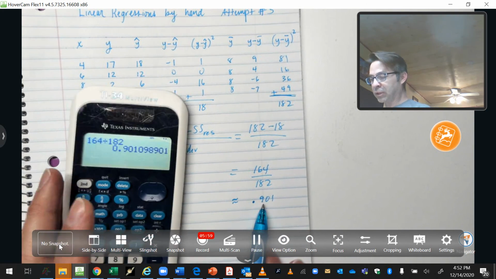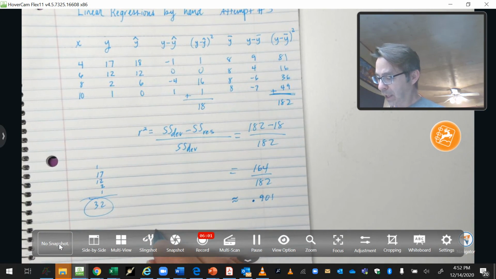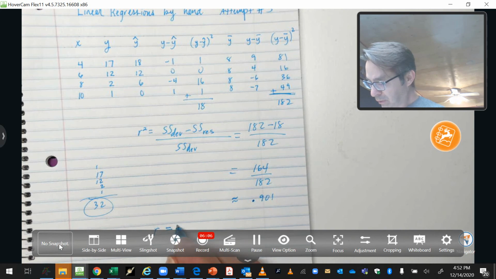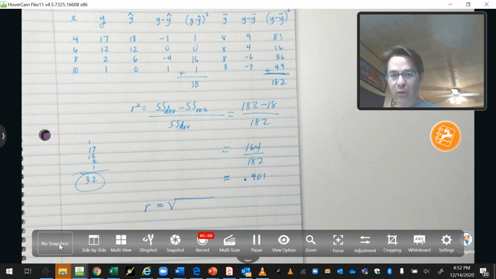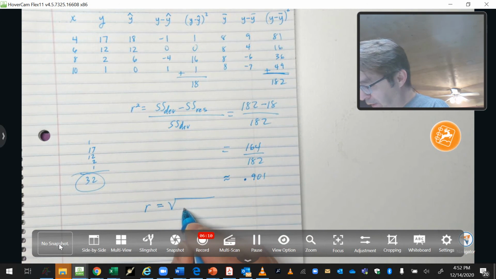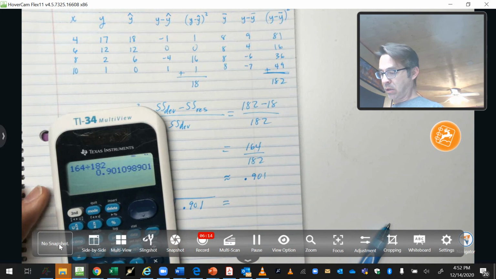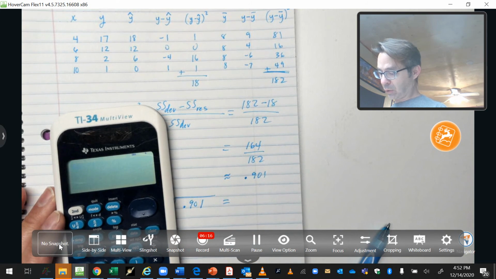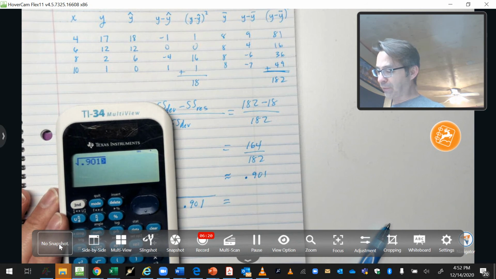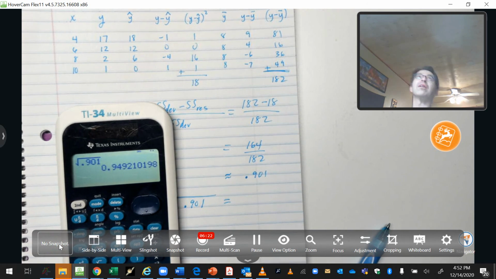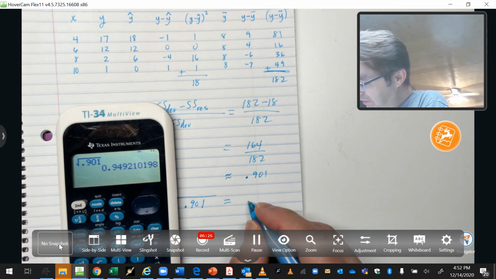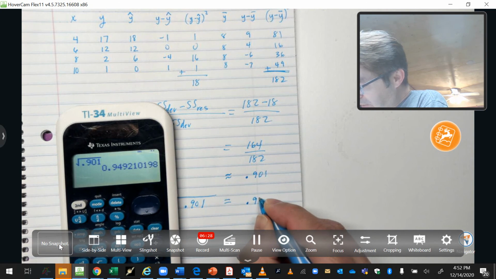And all you got to do is take the square root of that. I did notice on the assignment that people were writing things incorrectly, so it's just the square root of that. My guess is 0.95. Oh, dang. How do I get so lucky sometimes? 0.95.